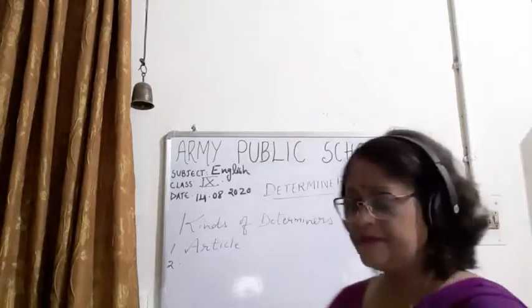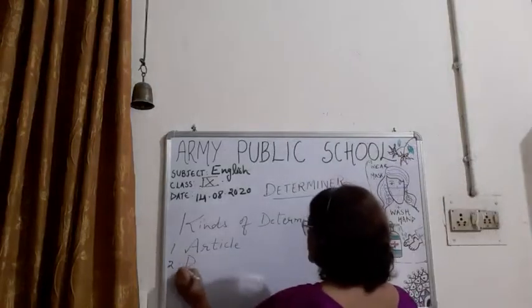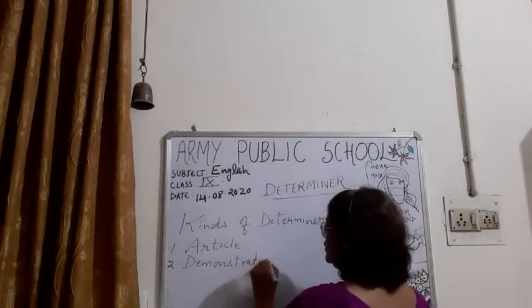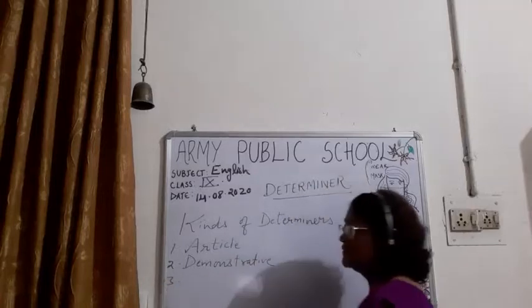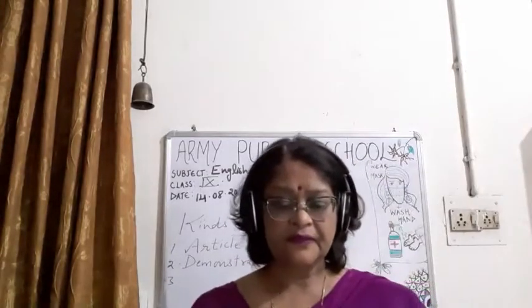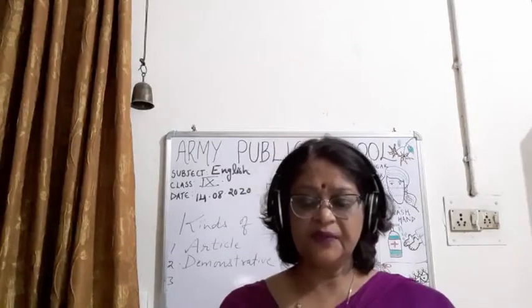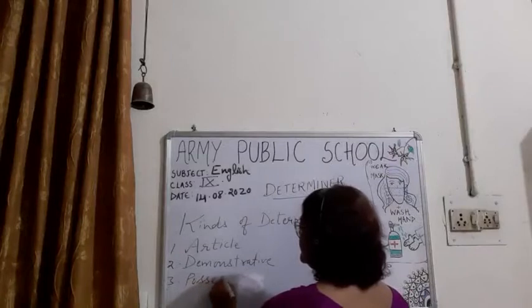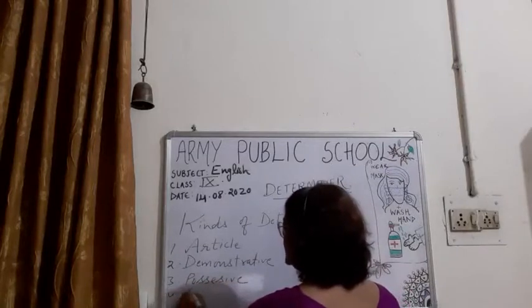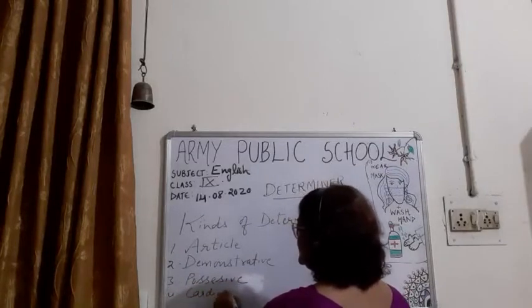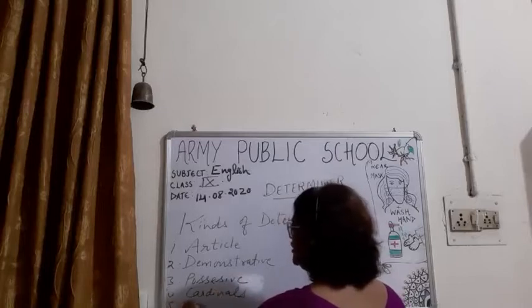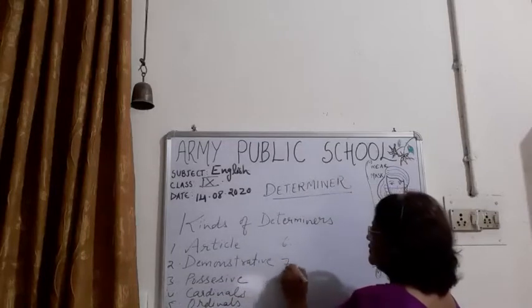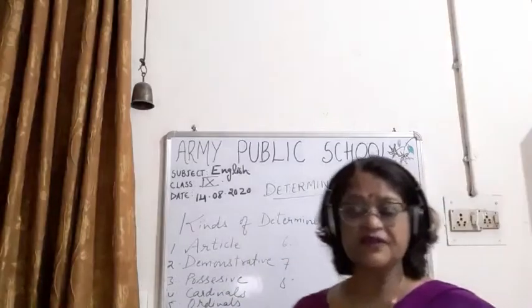Then demonstrative determiner, then possessive, cardinals, ordinals, then 3 more types of determiners we have to study.